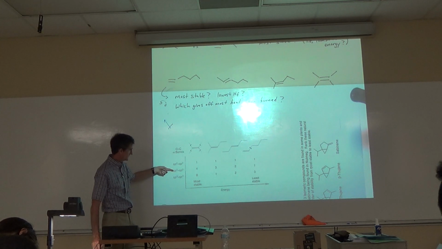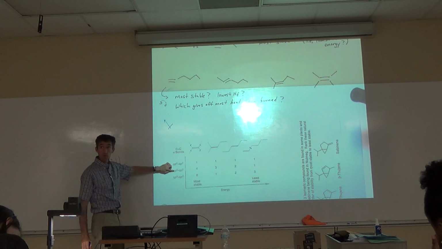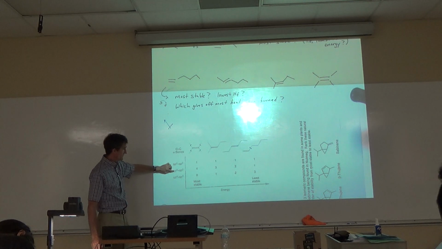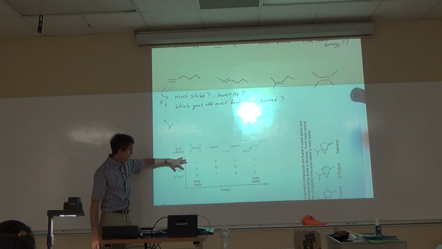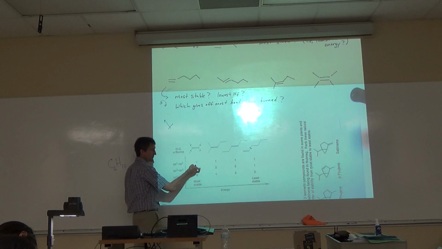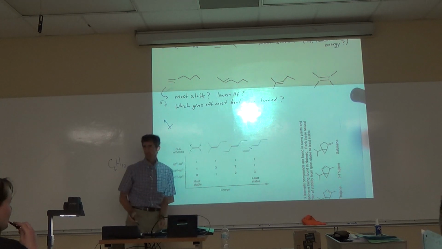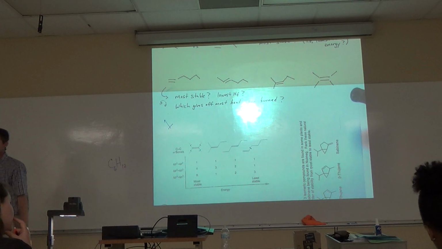That one there, because it's using an sp2 hybrid, which is a better orbital. Now it's not using it for both orbitals, but one of the orbitals is that. So it has 4 of the strong bonds and none of the weaker ones, whereas you go this way, you have more of the weaker bonds. And that gives you your answer.